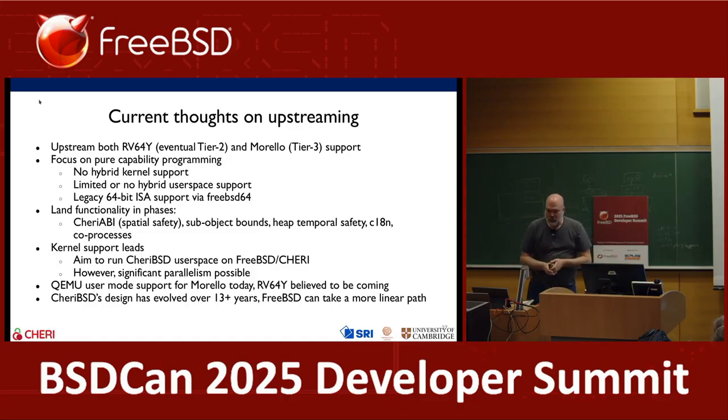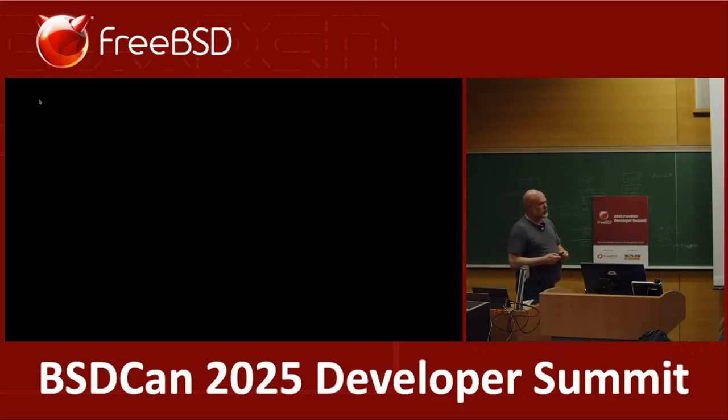We'll see. And then we have QEMU user mode for Morello today. I think Codicip is probably going to do support for RB64Y. They're going to target Linux, so we'll have to support it on CHERI-BSD and FreeBSD, but it should be doable.